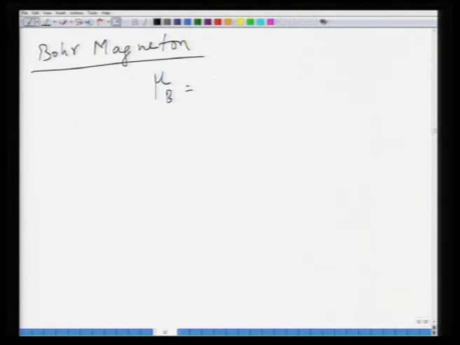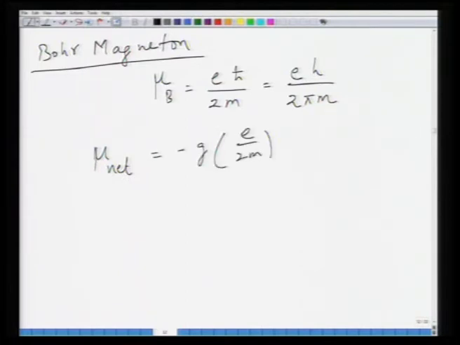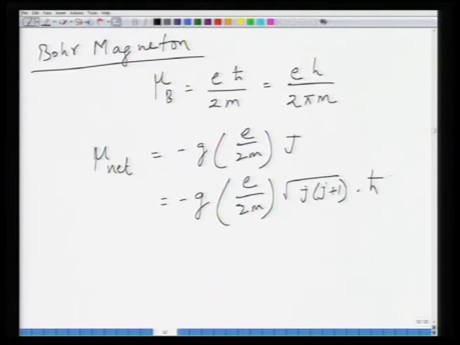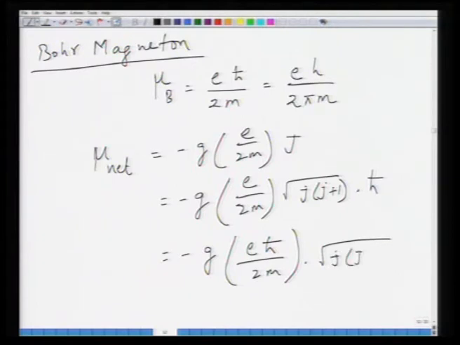Mu b is written as e h cross divided by 2m, or e h divided by 2 pi m. So this is the basic unit, and you can see how it comes, because you know that mu net was equal to minus g e by 2m into J, and now I am saying that this is equal to minus g e by 2m into root of small j, j plus 1 into h cross. So, I can make it minus g e h cross divided by 2m into root of j, j plus 1.